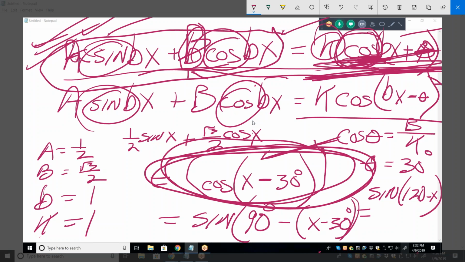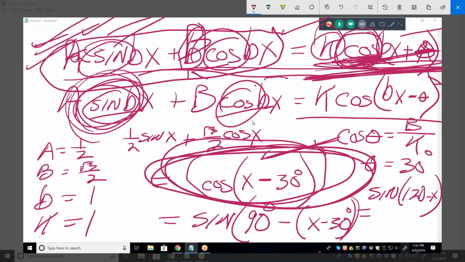My guess is they've taken this part right here, and changed that to cosine of 90 degrees minus bx. And then you would have cosine there, and you could use their sum to product formula.